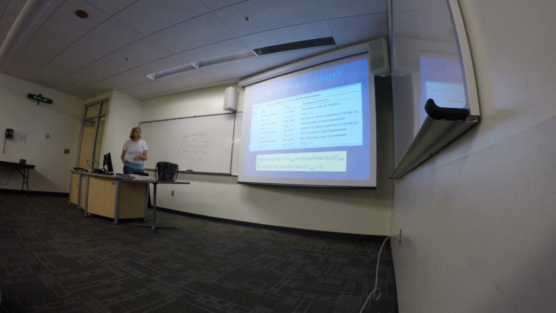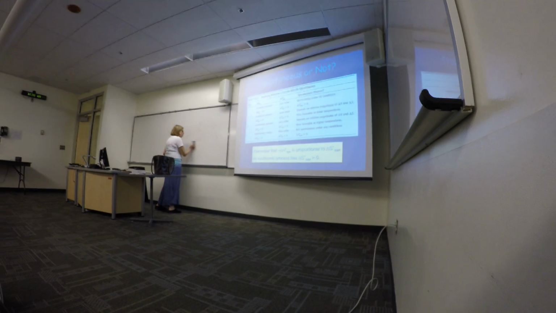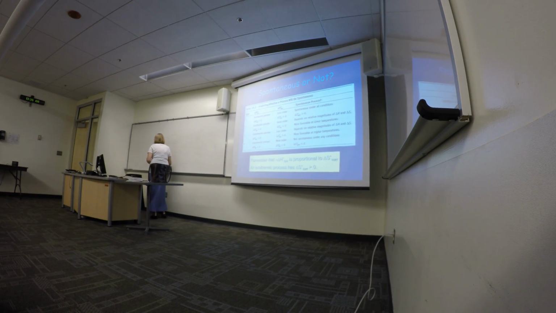Alrighty, so now we're gonna look at general criteria for spontaneity. When we do questions like this, we do them both with numbers and we do them with general. So if we predict whether a process will be spontaneous, and remember for delta G, what do we need to have in order for it to be spontaneous?